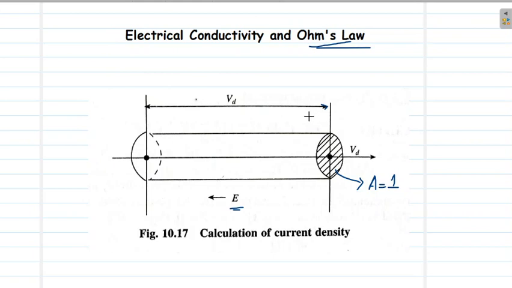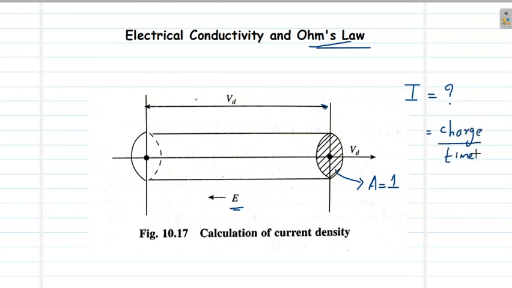In this case, let us calculate the total current passing through this metal piece. We know the basic definition of current is the rate of flow of charge, that means charge per unit time.